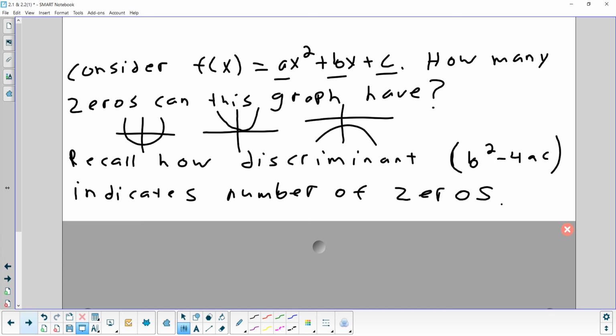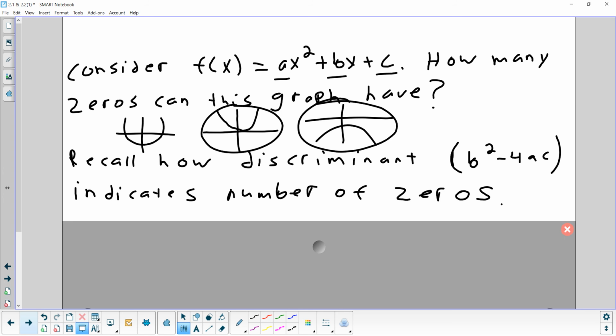If b squared minus 4ac comes out negative, you have this case. You have no roots. Well, I should say it this way: you have no real roots. You would have imaginary ones. If b squared minus 4ac comes out to exactly 0, you have this case, where it touches the axis and goes back up.